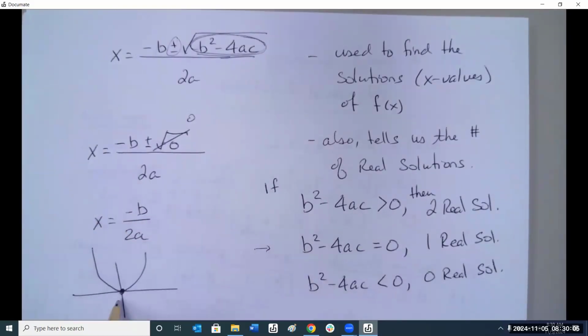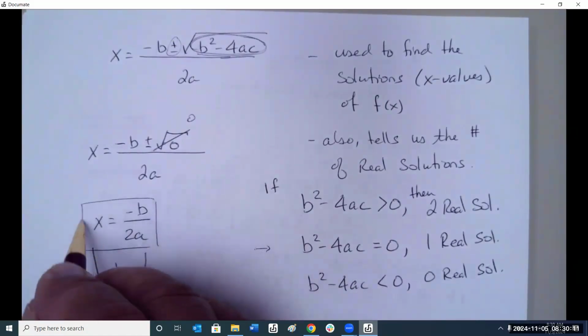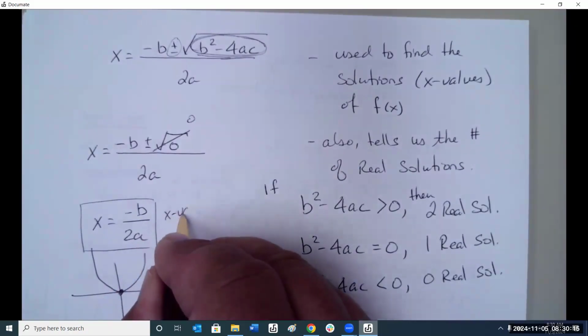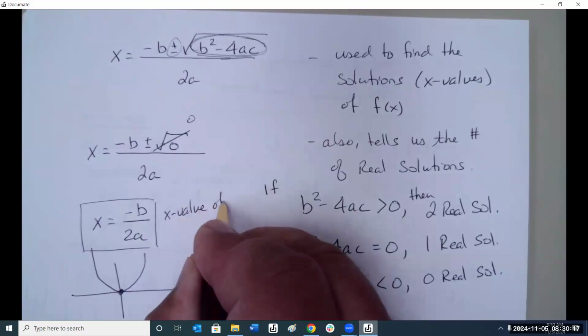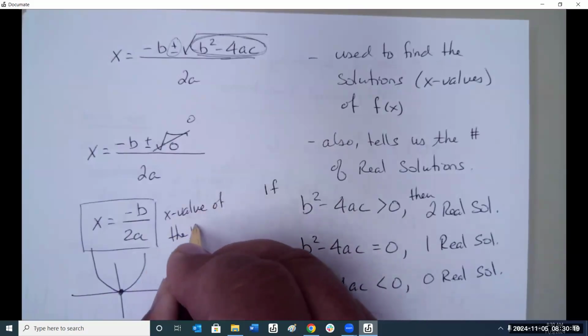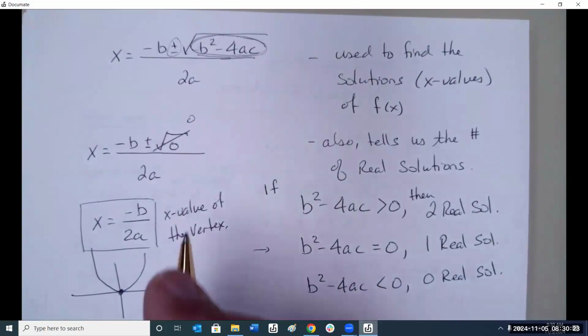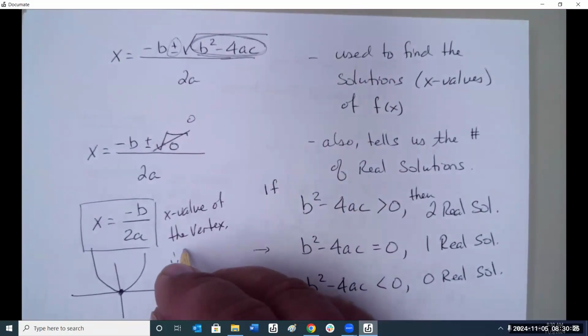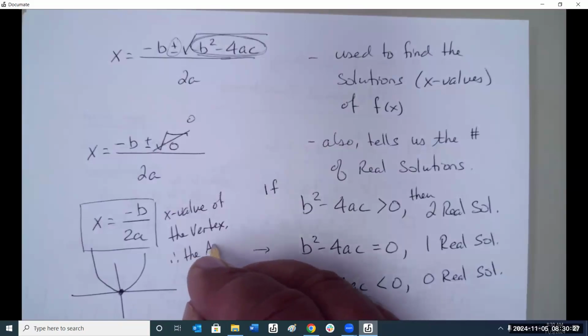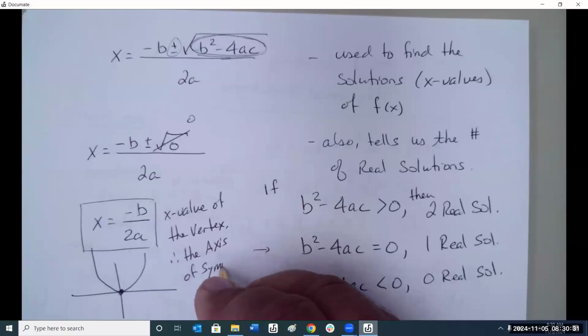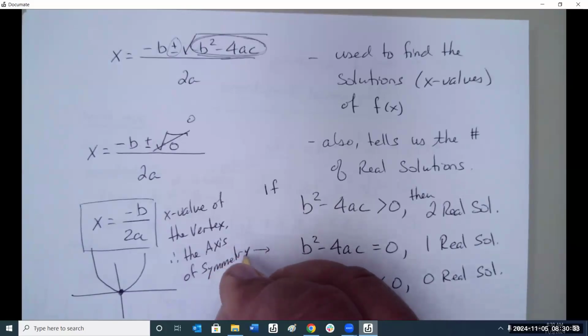So since we know this number exists, this is the x value of the vertex, also called the axis of symmetry.